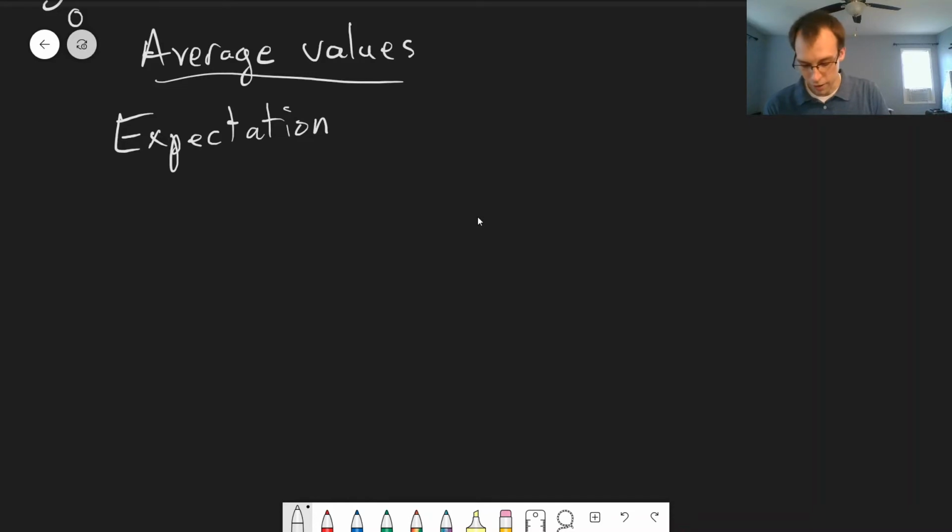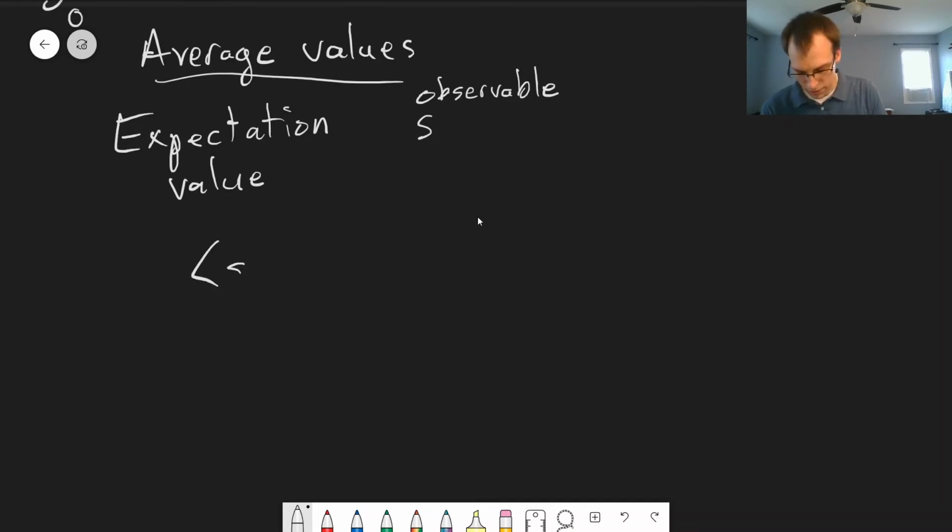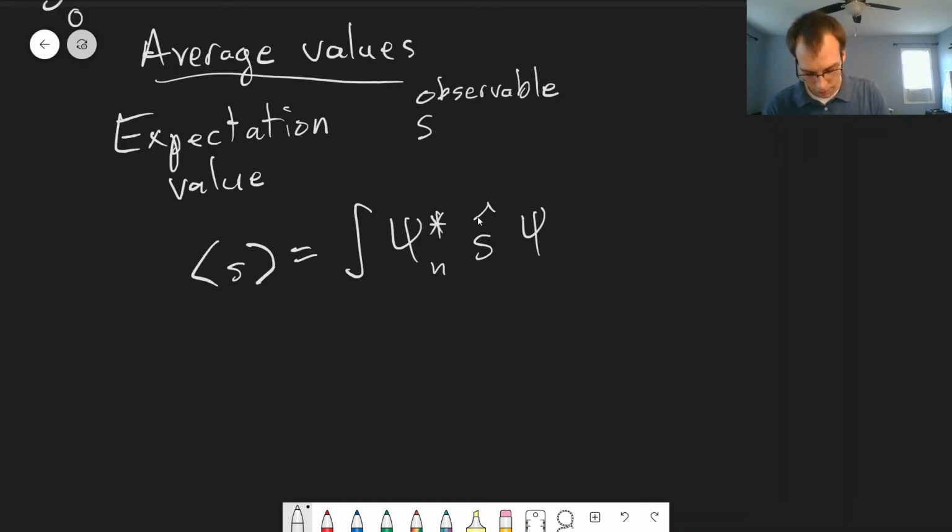But if we have some observable S, some property of the system that we can observe, the expectation value, or the average we expect, is given by the integral of our wave function, whatever specific wave function, of the S operator, d tau. Okay, so this is our operator that corresponds to S.